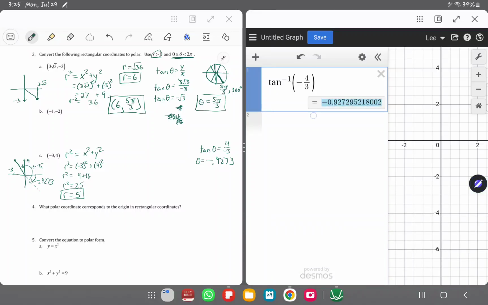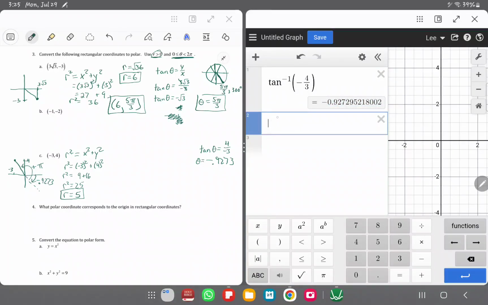So let's see if I can copy and paste that in. Oh, it doesn't look like it's working. Nope, so I'll just type it in. So we got -0.92729295.